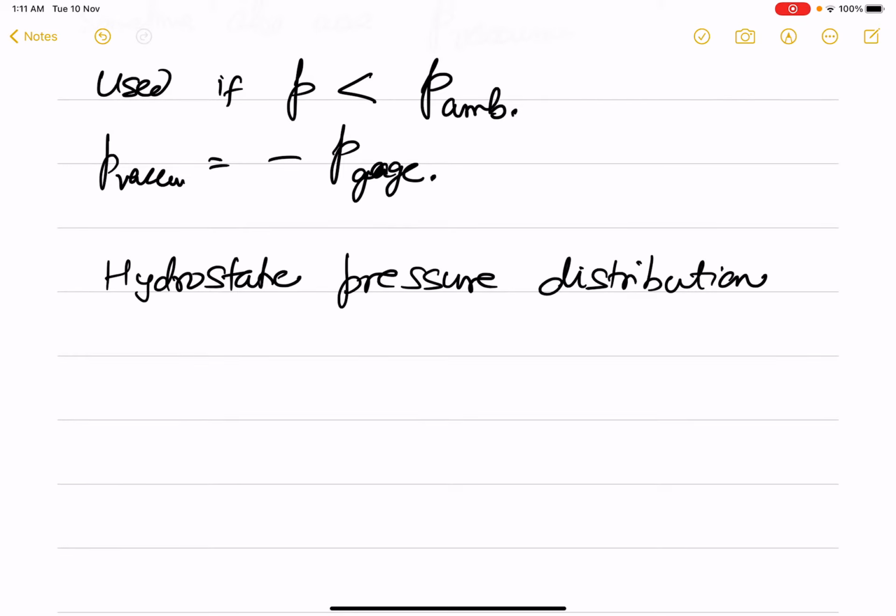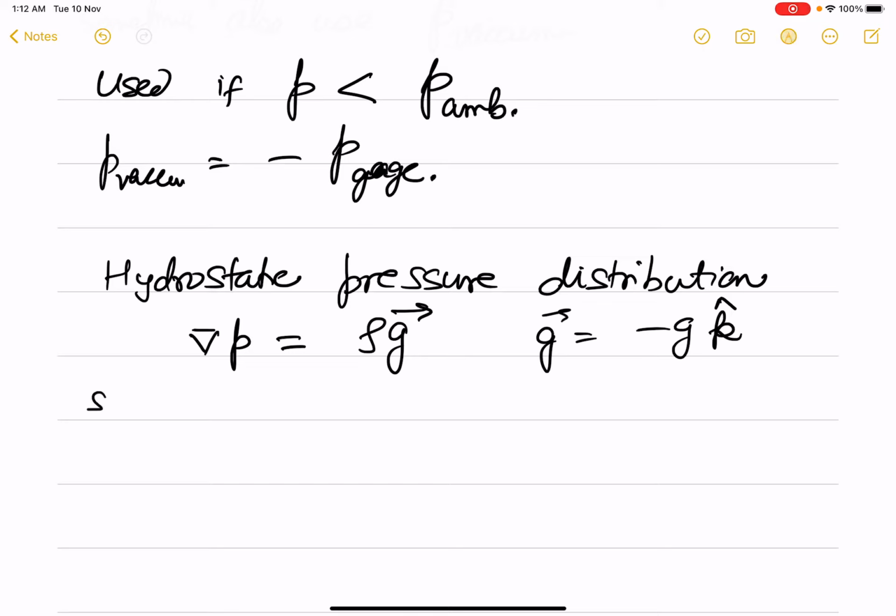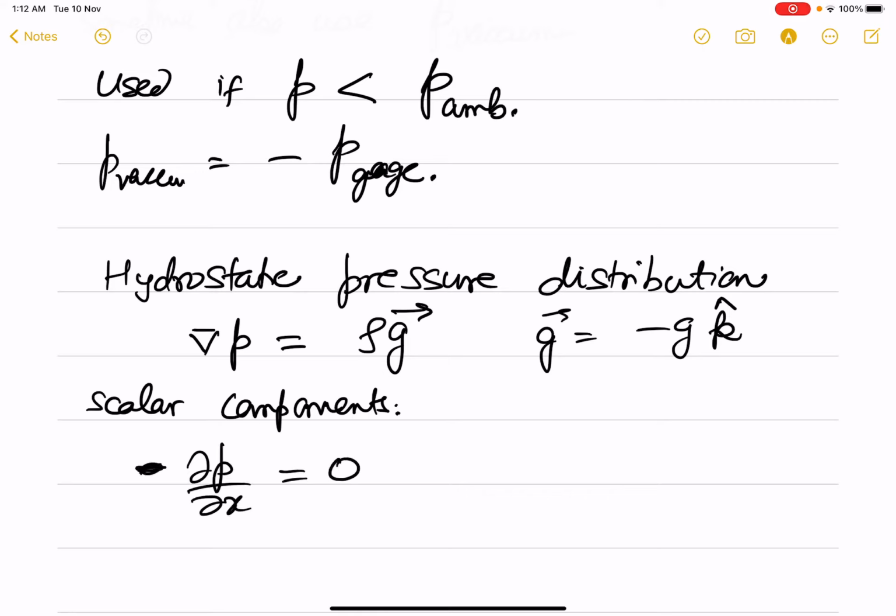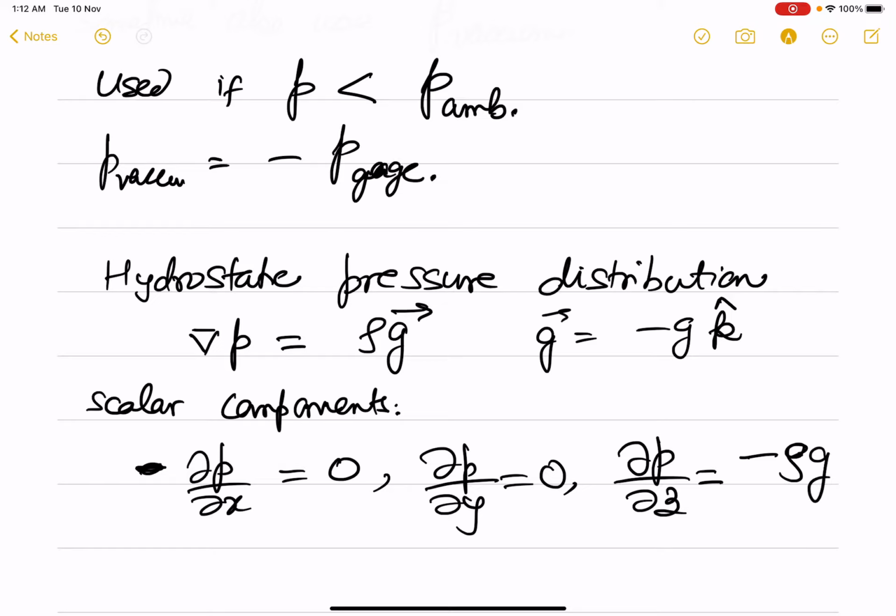And for hydrostatic pressure distribution, the equation is gradient of P is equal to rho g. Now let g be equal to minus g k. So then if we write the scalar components of this equation, the scalar components give us partial P by partial x is equal to 0, partial P by partial y is equal to 0, and partial P by partial z is equal to minus rho g.